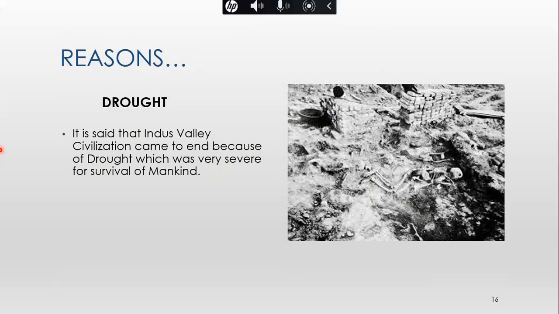Some experts believe that the drying of the river, which began around 1900 BCE, was the main cause of climate change, while others conclude that the Great Flood struck the area. Yeah, there were two kinds of reasons. One was that maybe the river got dried, especially the rivers near that civilization, and maybe there was a flood that caused it.